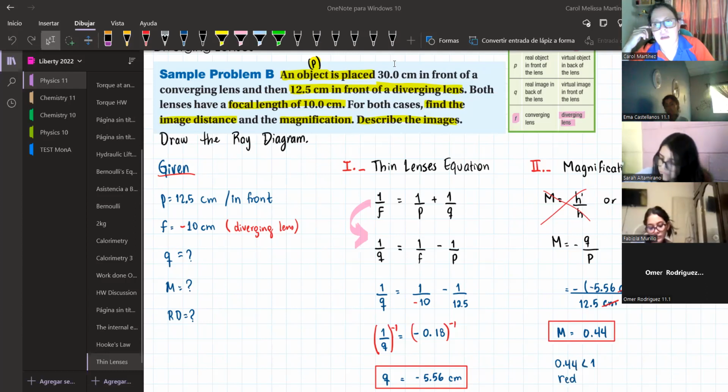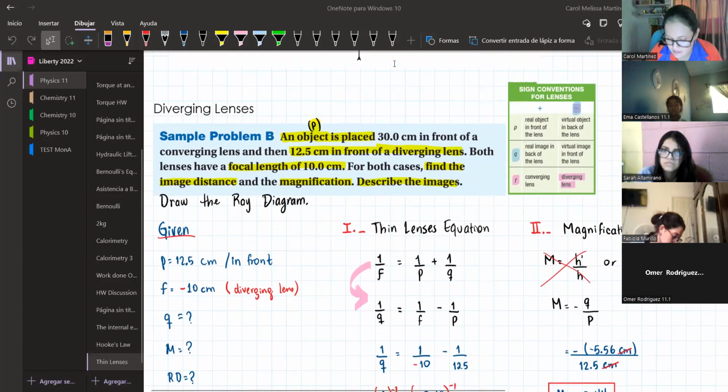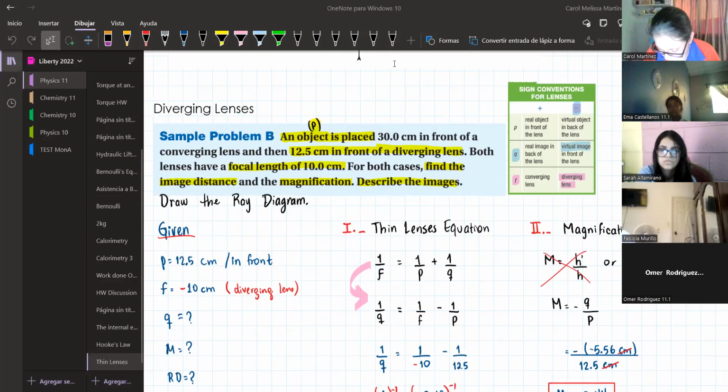Now, what about here? Q gave us negative 5.56. So now we're going to take that table, okay, and we're going to look for Q. The Q that we got was negative, okay? And what does it say about the negative Q? It says that the image is virtual and is going to be placed in front of the lens.